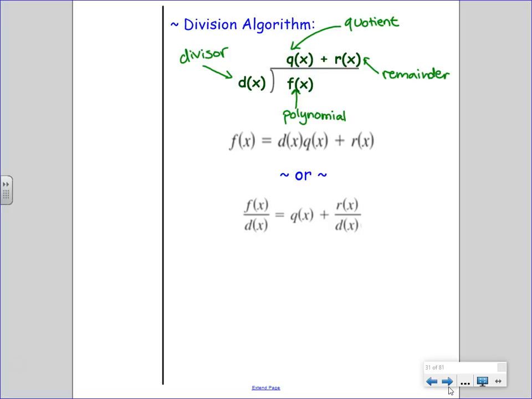And technically, it shows all sorts of stuff. Like, if we have an F over a D, the F goes inside, the D goes outside. It has the particular names: who's the divisor, who's the quotient, who's the polynomial, who's the remainder. And it also shows what we just did.